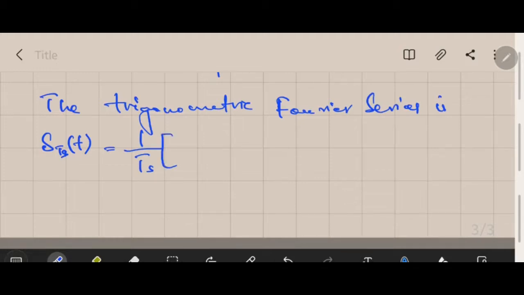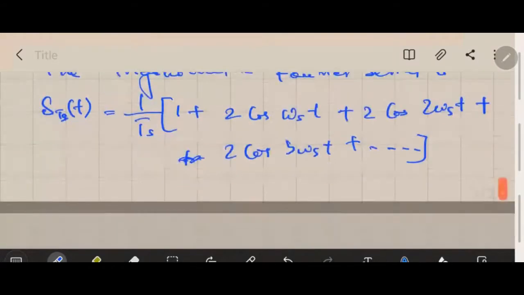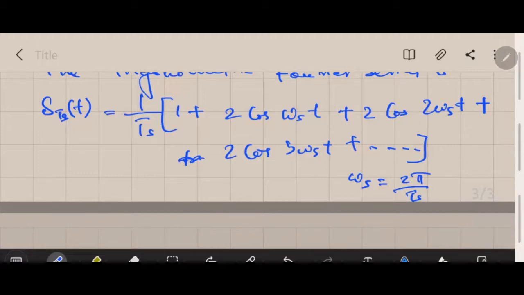If we find it, we would get 1 by Ts times 1 plus 2 cos omega s t, plus 2 cos 2 omega s t, plus 2 cos 3 omega s t, and in this way dot dot dot, where we already know that omega s is equal to 2 pi by Ts, because fs is equal to 1 by Ts, which is also equal to 2 pi fs.